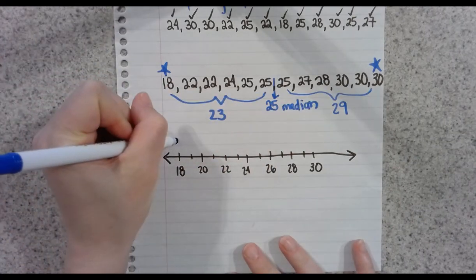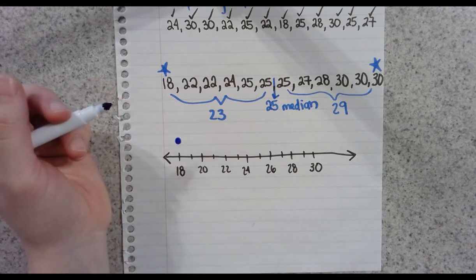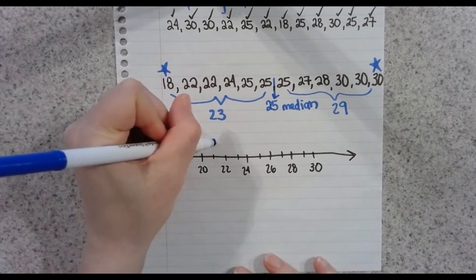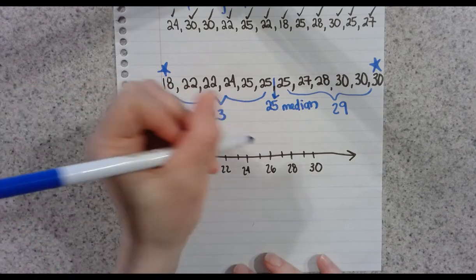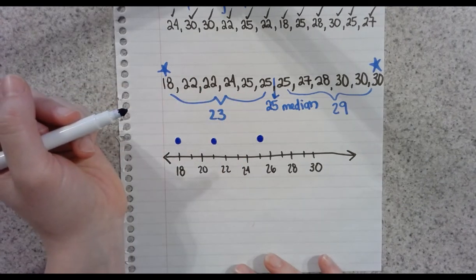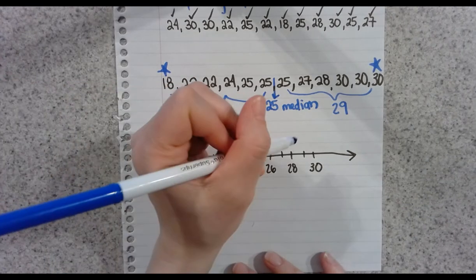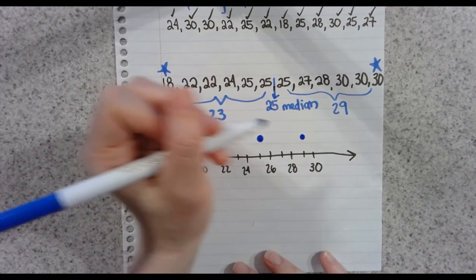My least value is 18, my first quartile is 23, my median or second quartile is 25, and my third quartile, 29, and then the largest number in my data set is 30.